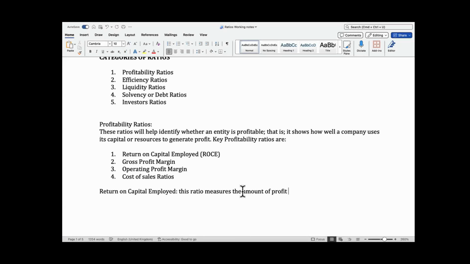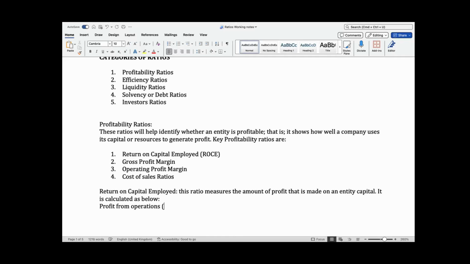It measures the amount of profits that is made on an entity's capital. So it is calculated as below. It's calculated as profit from operations.